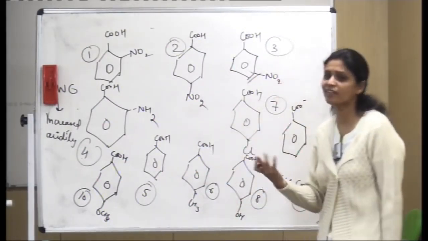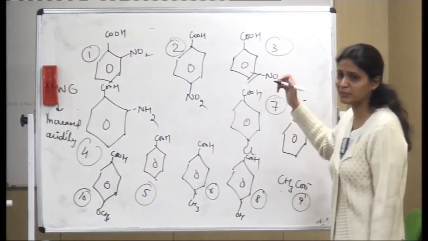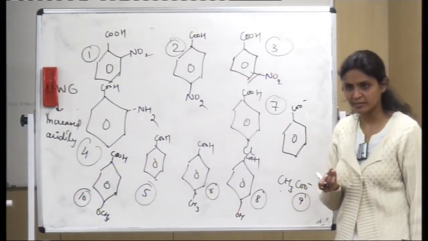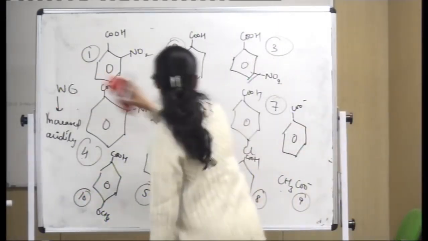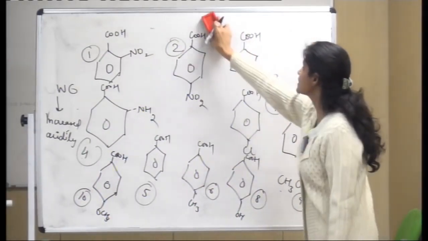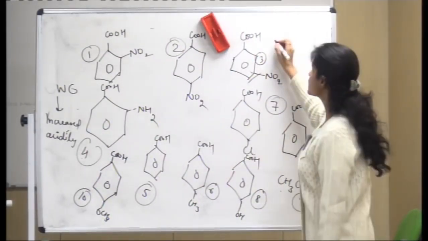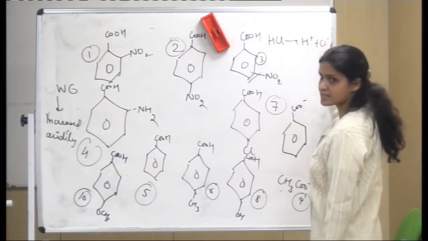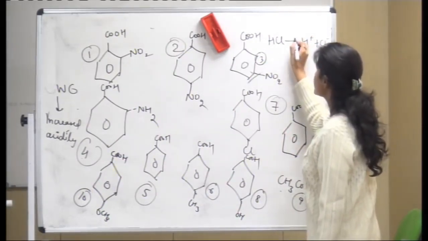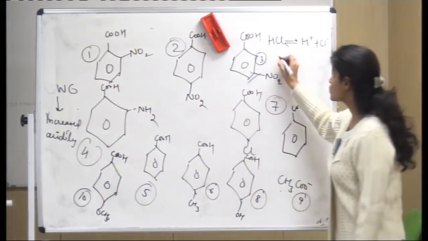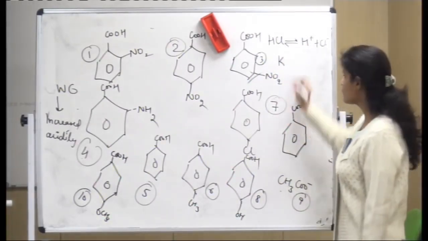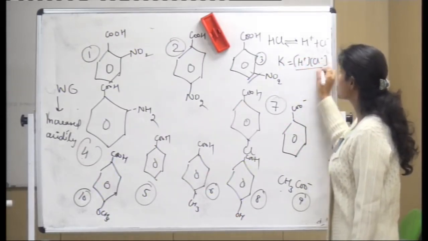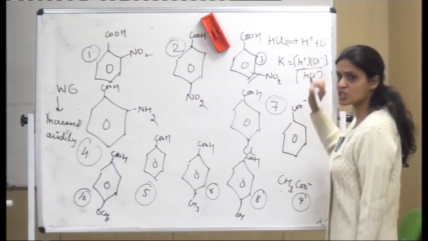Okay, what about K value? How do you decide K value? You have already studied the equilibria thing, right? Just because she has put the question, what is K value? Suppose HCl is getting dissociated as H plus and Cl minus, and there is an equilibrium between them. So I should write the equilibrium constant, capital K, which would be H plus concentration into Cl minus concentration divided by HCl concentration.